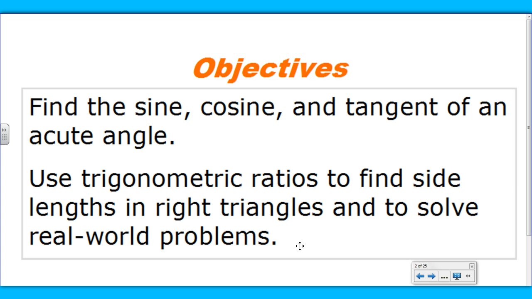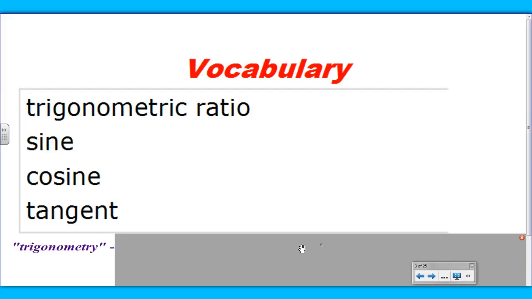Today we're going to find the sine, cosine, and tangent of an acute angle. We will use trigonometric ratios to find side lengths in right triangles and to solve real-world problems. So, trigonometric ratio, sine, cosine, and tangent.